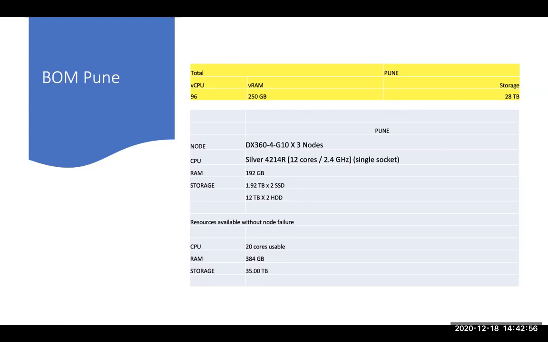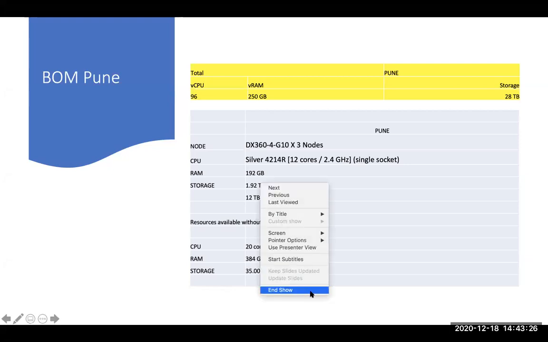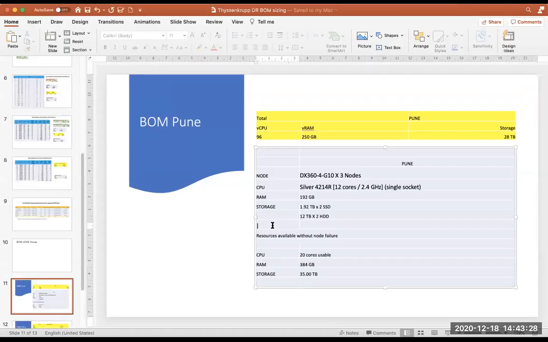For this I have considered 3 nodes of 360 G10 single socket, and the RAM and the storage and everything. One question I wanted to know is, what is the port here? Is it fiber or copper at the bomb Pune location? Pune, most probably it will be SFP fiber. Okay, got it. I will make a note of that directly.